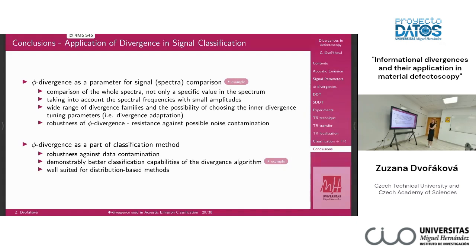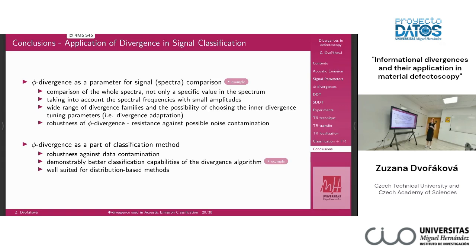So, conclusion. What I talked about is that phi divergence works very well as a parameter for signal comparison. We can compare the whole spectrum, not only one value in the spectrum, and so we take into account the spectral frequencies with small amplitudes, not only with the big amplitudes, and this is the advantage of this parameter.